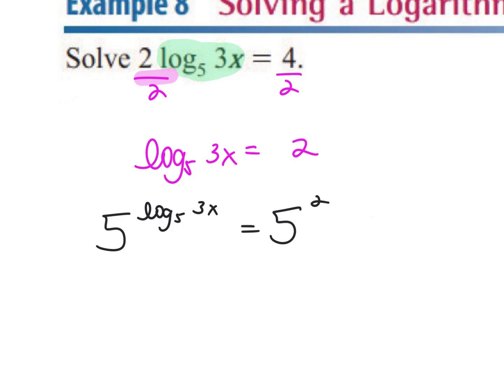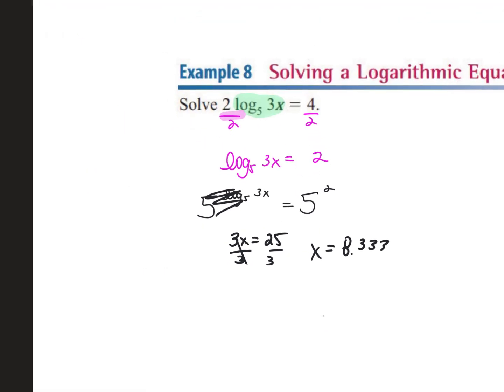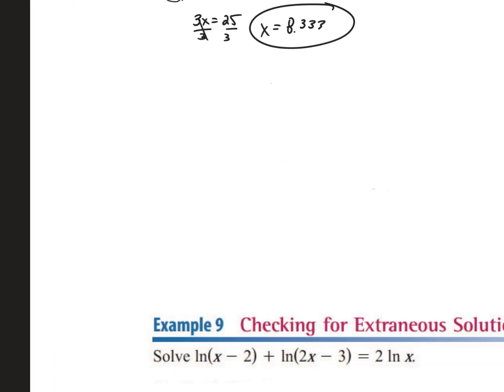So on the left-hand side, what happens with 5 and log 5? Cancel. So 3x equals 25. And then I divide both sides by 3. So x equals, was it 8.333? There you go. Easy peasy.